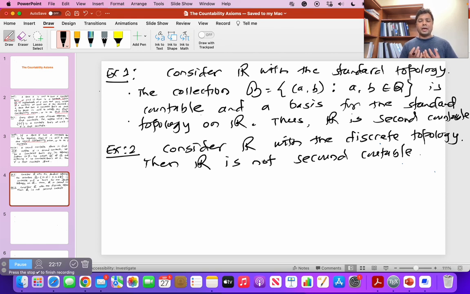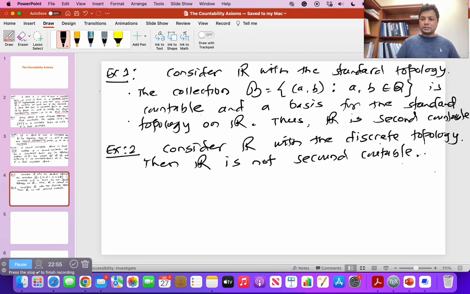That means every basis for the discrete topology on R has to be uncountable. And we know that a collection of open sets in R is a basis for the discrete topology if and only if that collection contains all the singleton sets. Let me write down this result. You have seen this result in one of our previous lectures.